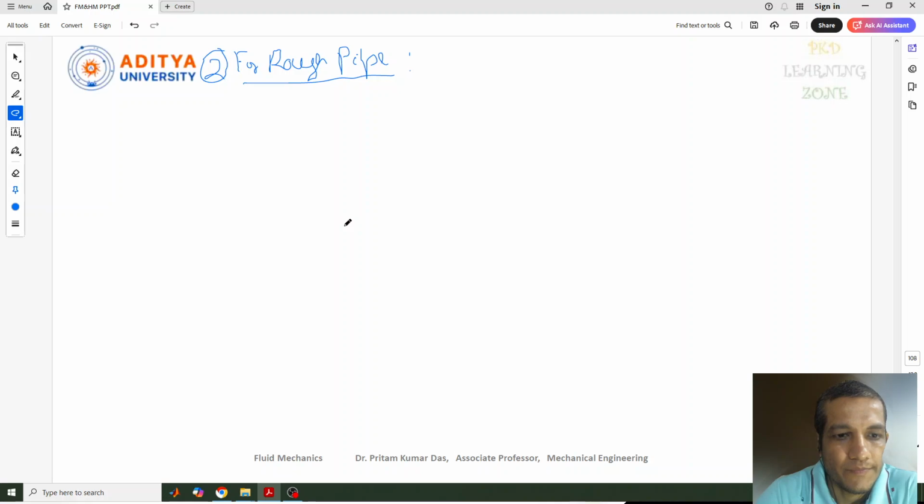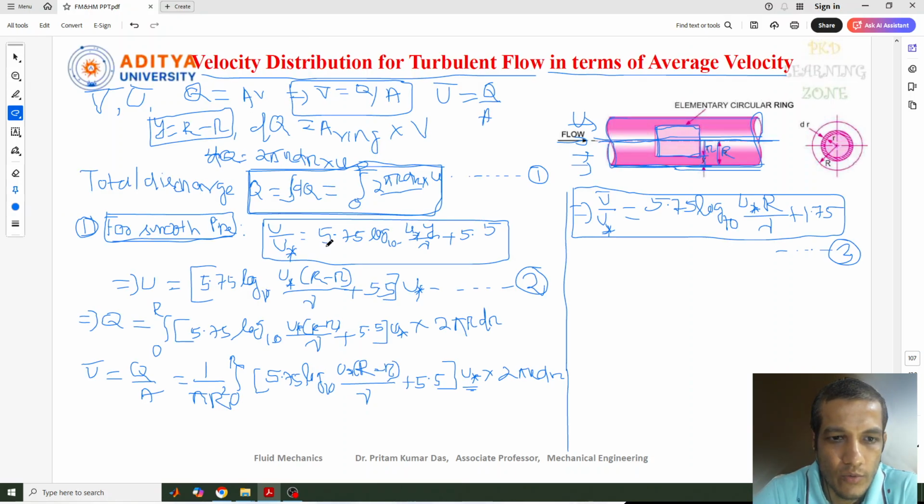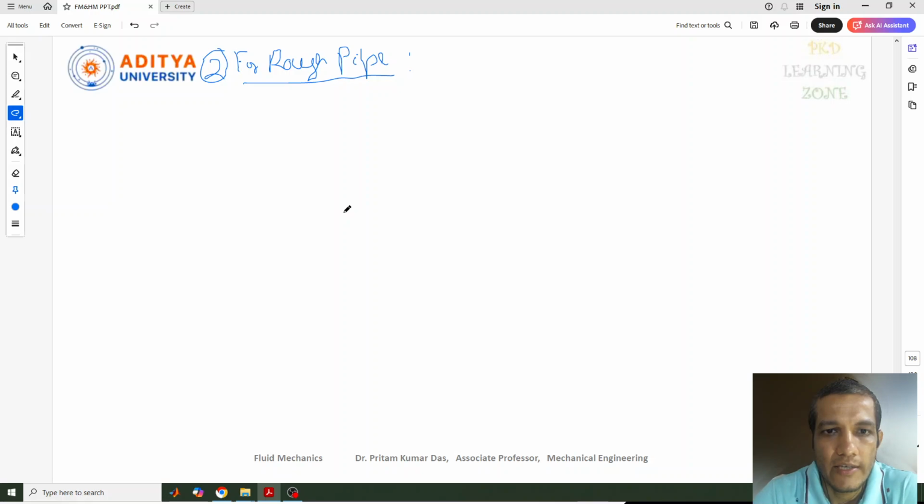Okay, now the next is for the rough pipe, what is the equation? Again we need to check the previous value. Here I told you u by u star will be 5.75 log y by k plus 8.75. So that is the only difference.